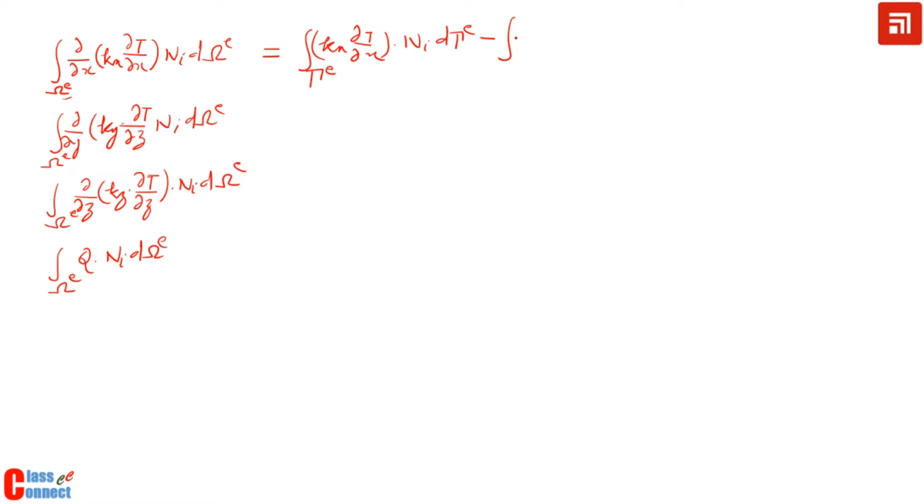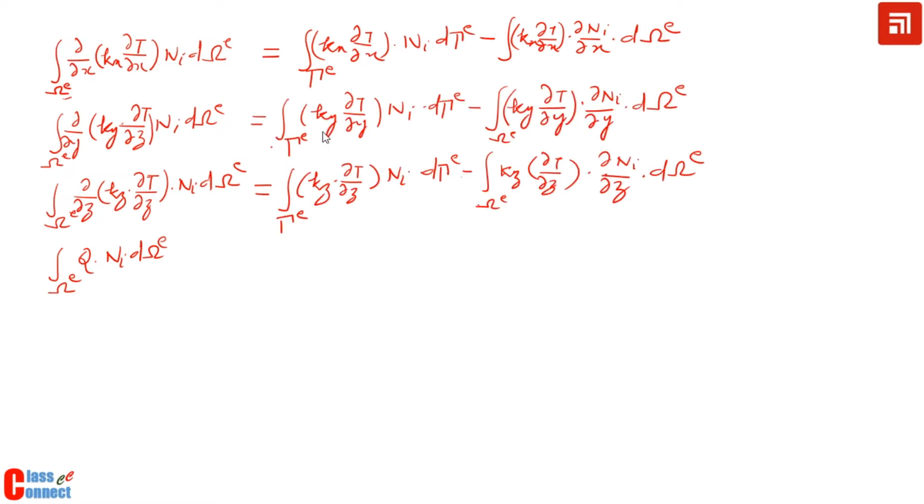So we can write here k del T over del x. Here I can write k multiplied by the differentiation of the first, that is del Ni over del x, and then d omega. So similarly we can write the other equations as follows. The second term we got like this, and the third term we got like this.